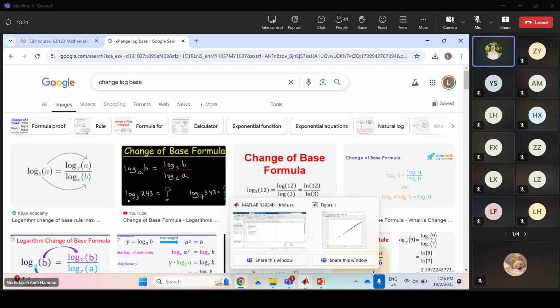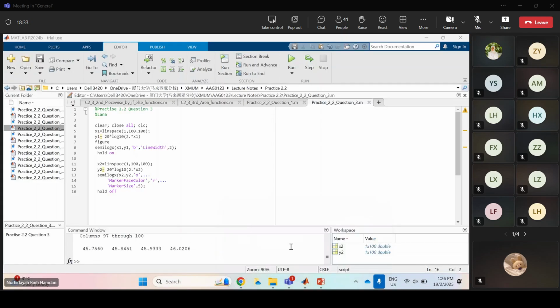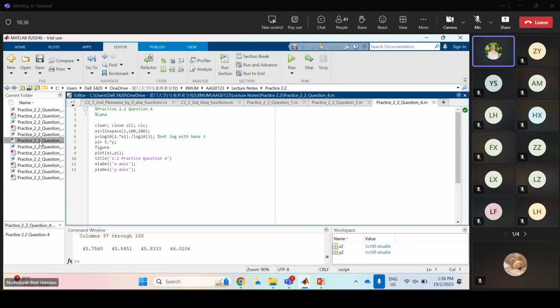So here we're going to do the same thing. We create 100 values between 1 and 100. We want to change from log base 3 to log base 10. Wait, hold on, I have to use a marker.